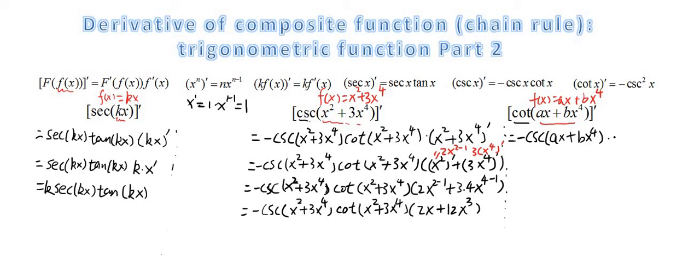We plug in the derivative of f(x): ax plus bx to the power 4, prime. Okay, and we try to simplify the last term. For the last term, we do the derivative of the sum of two functions. That means we do the derivative for each term.